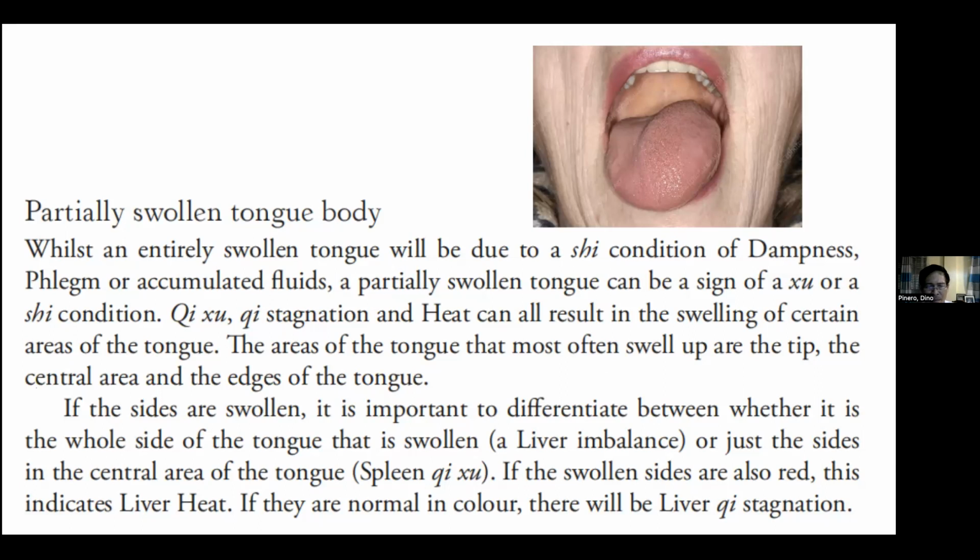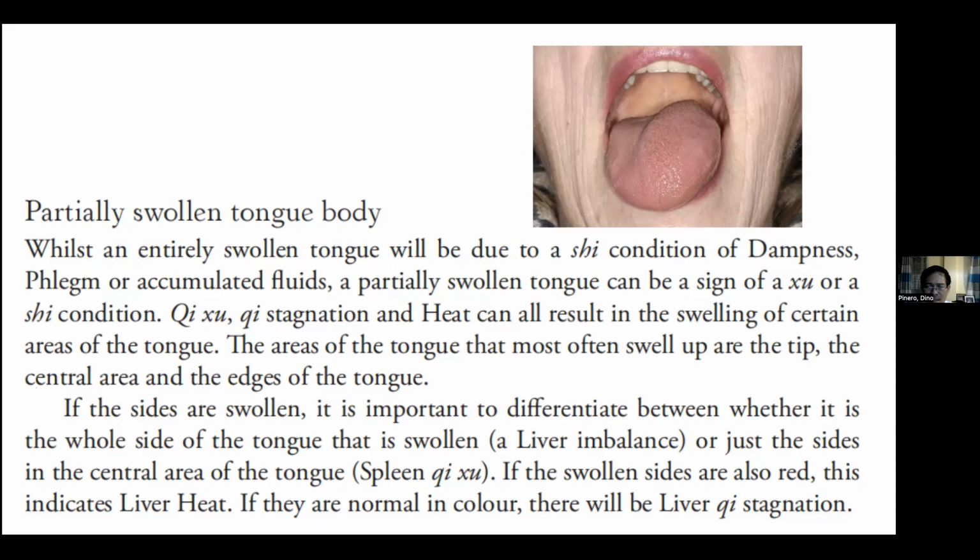The whole side can swell, and this signifies that there is a liver imbalance. Or just the side in the central area of the tongue, and this indicates that there is a spleen qi deficiency.